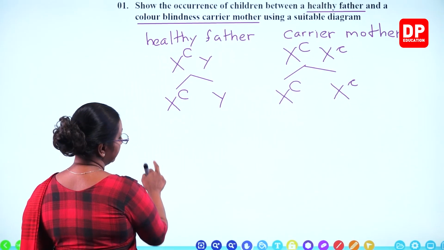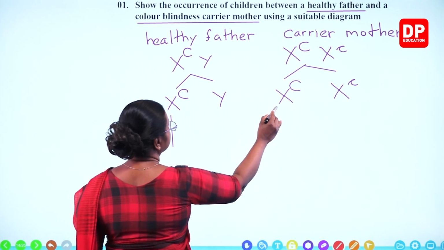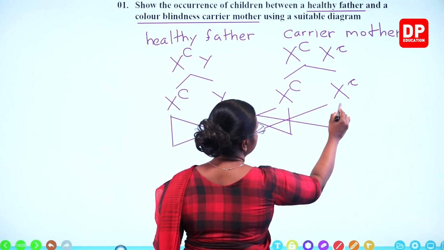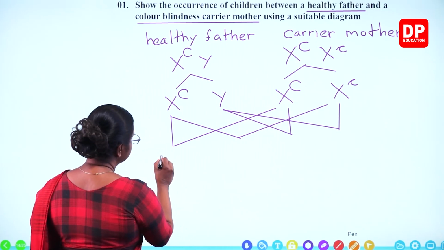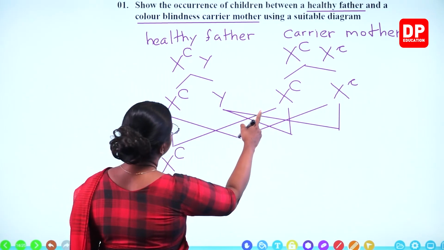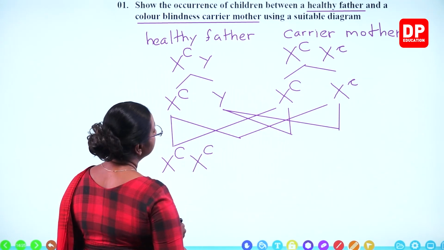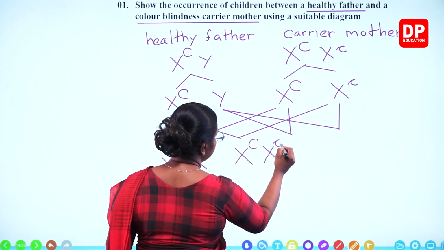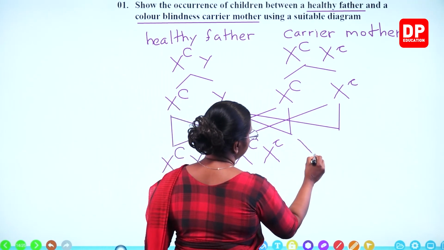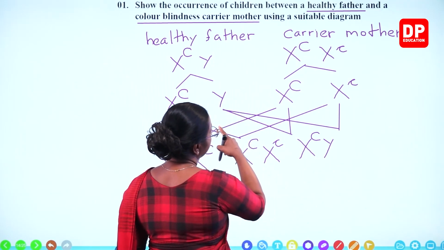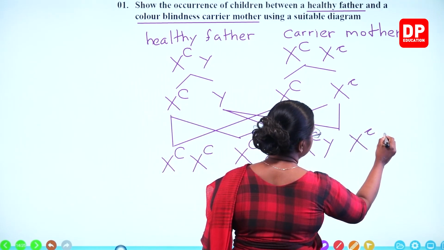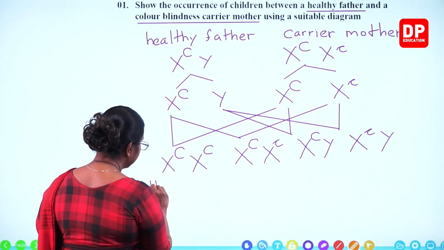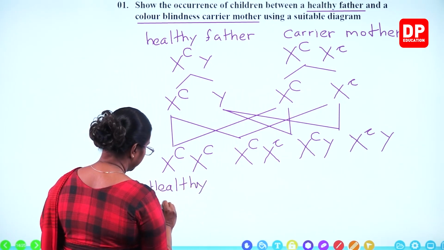Then when these combine together, the combination of eggs and sperms, we get X capital C, X capital C. Again we have X capital C, X simple C. Then we have X capital C, Y and X simple C, Y. So both capital C, dominant character, so healthy daughter.